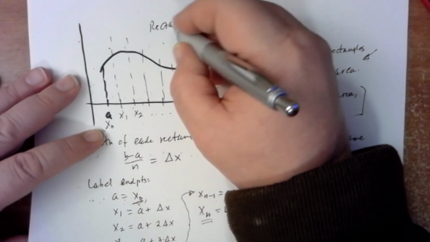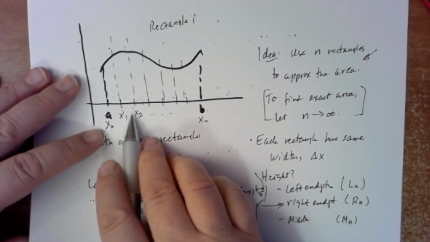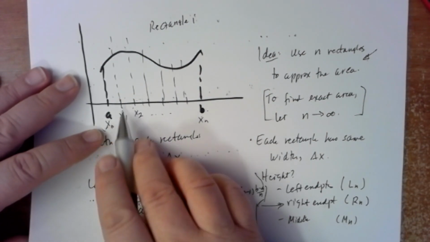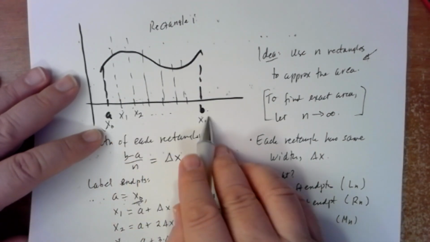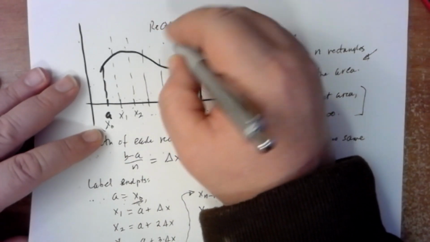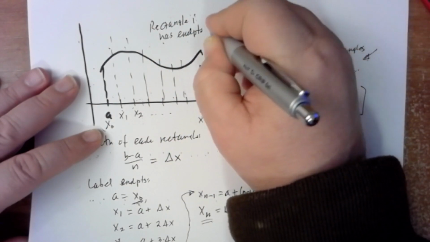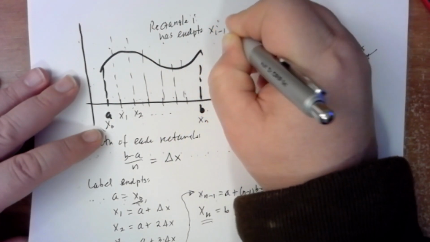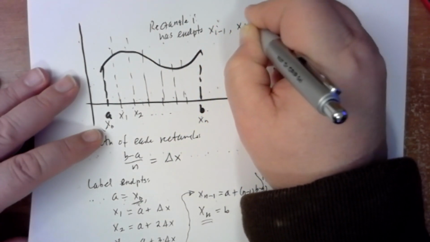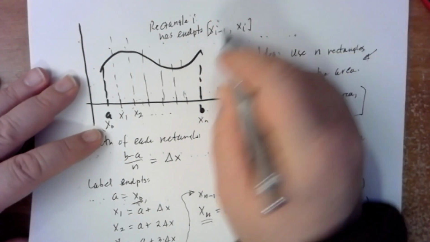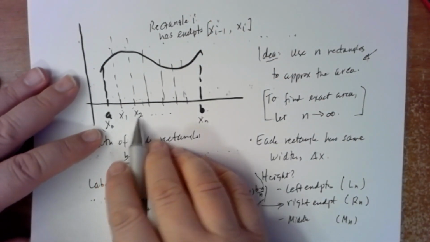So, and then rectangle 2 goes from x sub 1 to x sub 2, and so on. So rectangle i has endpoints x sub i minus 1 and x sub i. You can think of that as the interval on which we're working with rectangle i.